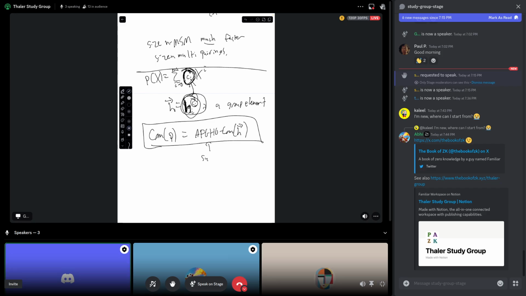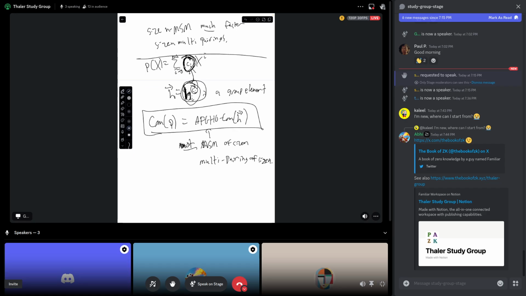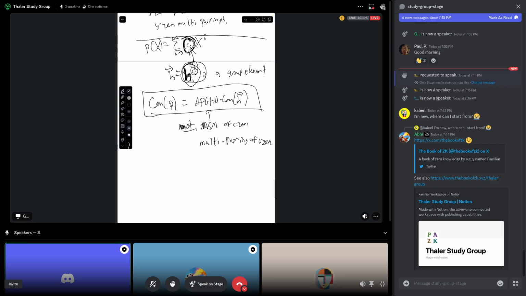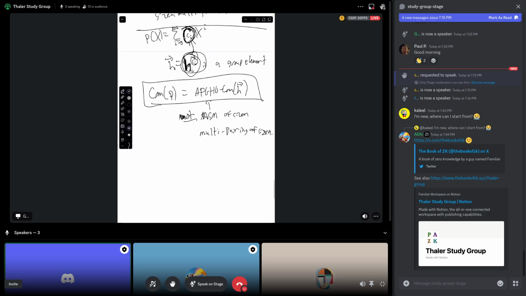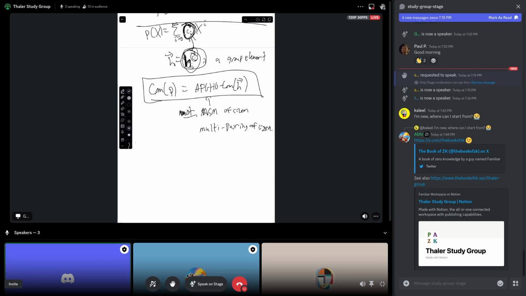Whereas for Bulletproofs the commitment would require an MSM of size n, AFGHO commitments would require a multi-pairing of size n. Much, much slower. So we don't want to do that. Fortunately with Dory, we won't have to. All right, so let's get to it.